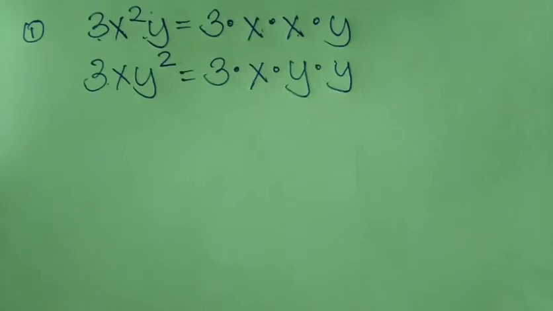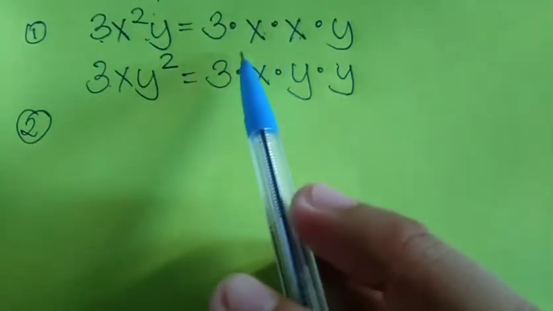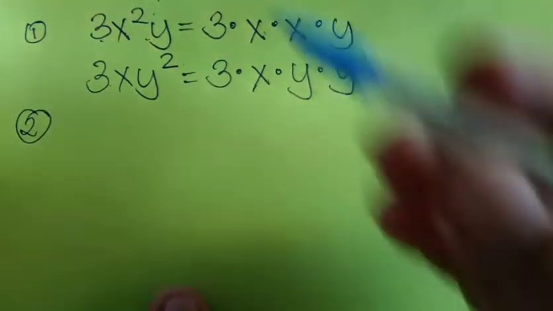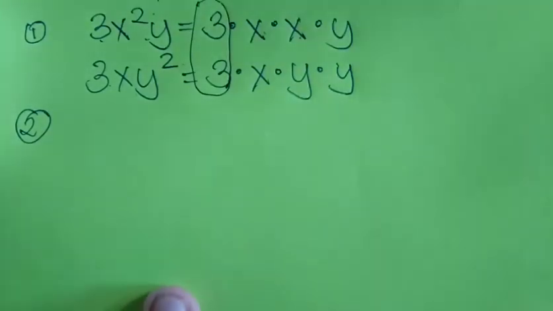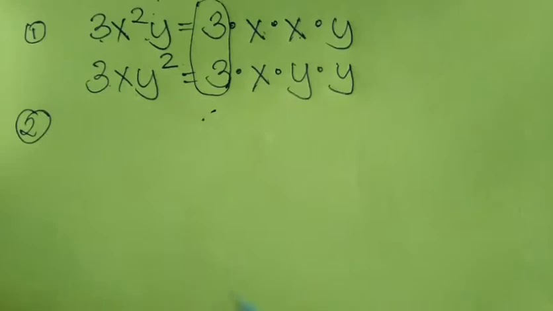Now that the first step is done, we proceed with the second step, identifying the common factors. Now, from here, we identify the common factors. First, we can see a 3 in both of the terms, which means 3 is a common factor. So we place this one here, 3.